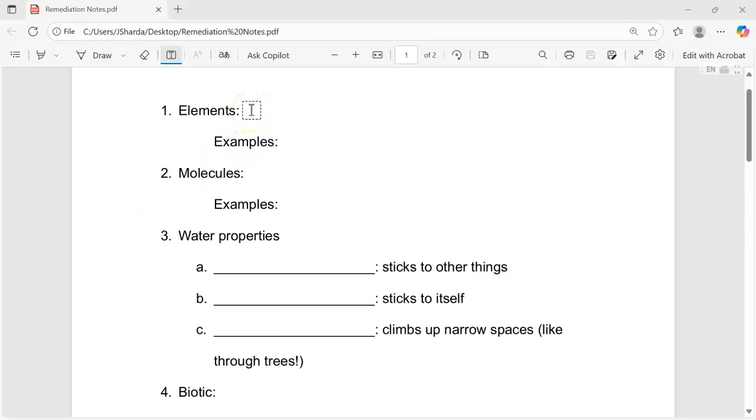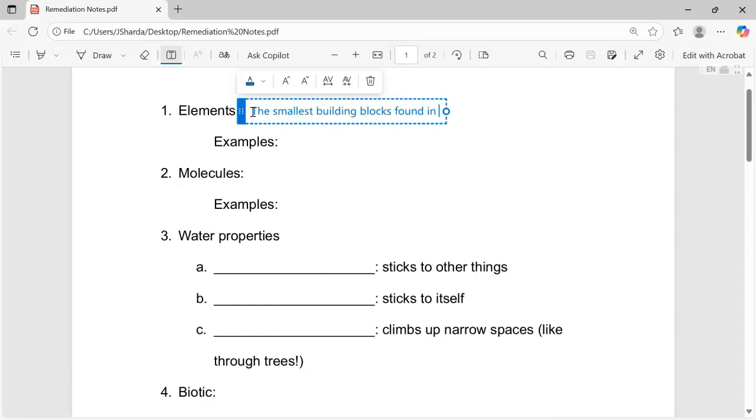And starting with the elements. Okay, elements are the very smallest building blocks in living organisms. We talked about the cycling of matter, and matter is made up of these various elements.